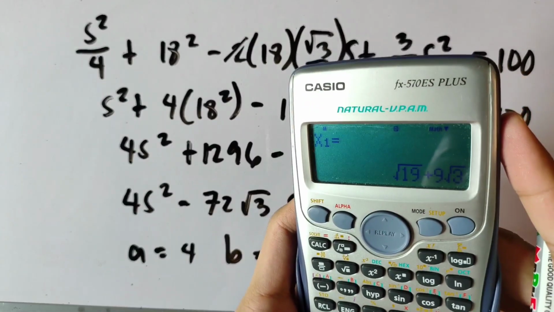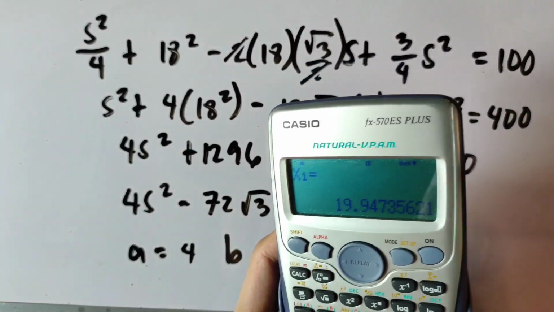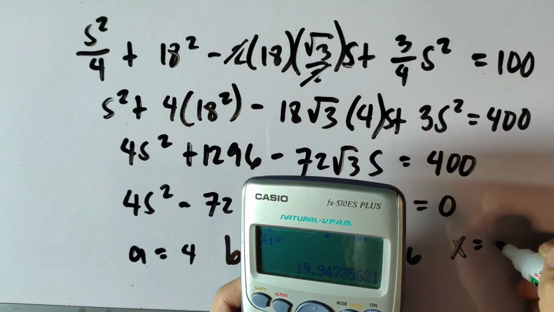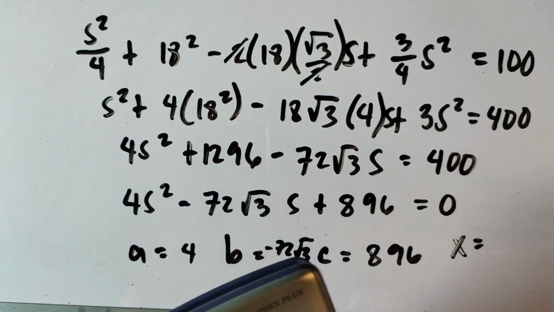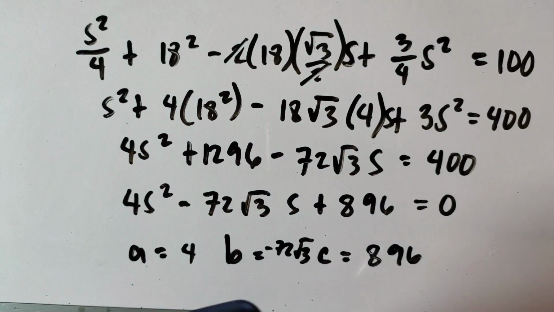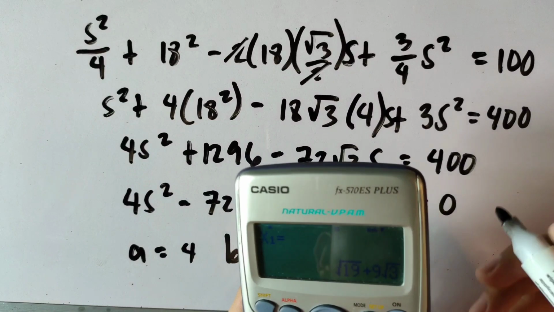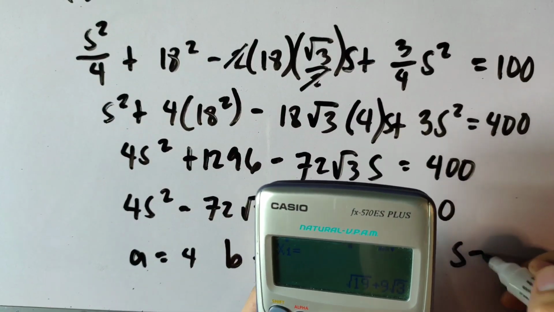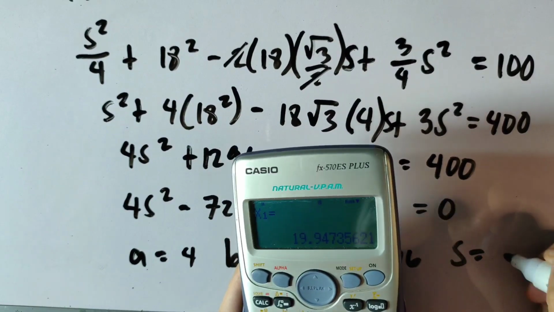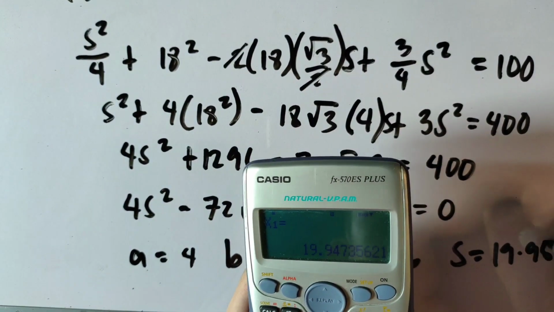So ito yung mga values ng s natin. 19.95. So yung s natin is equal to 19.95.